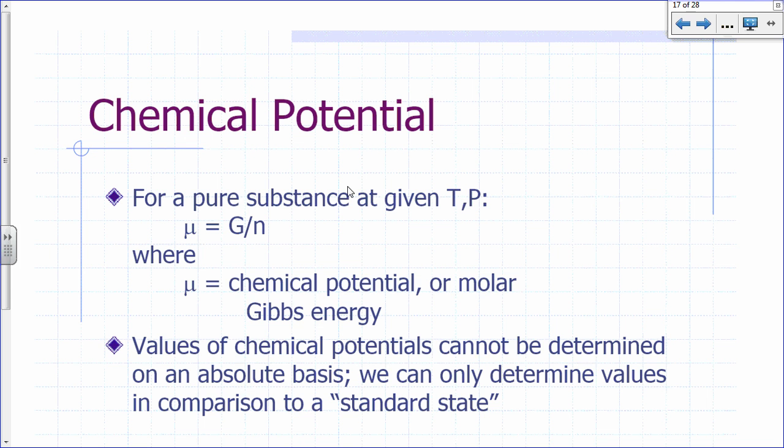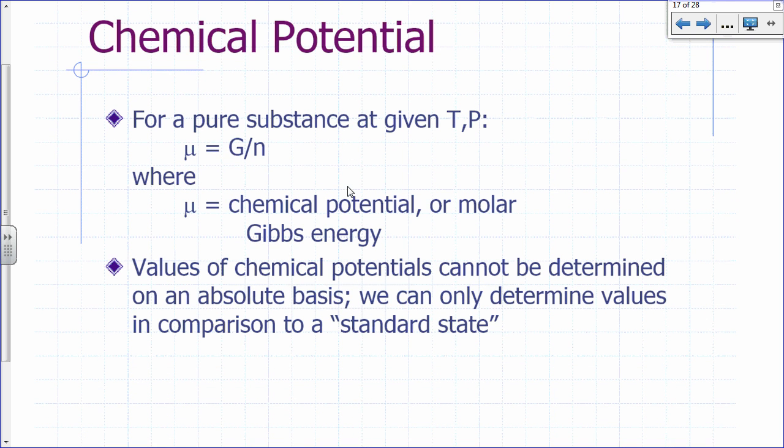Let's talk about chemical potential now. For a pure substance at a given temperature and pressure, we'll give you a more general definition of chemical potential later. The chemical potential is just the molar Gibbs energy. It's the Gibbs energy divided by the number of moles. So what we call the chemical potential, which we represent by the letter mu, is the molar Gibbs energy at constant temperature and pressure for a pure substance.